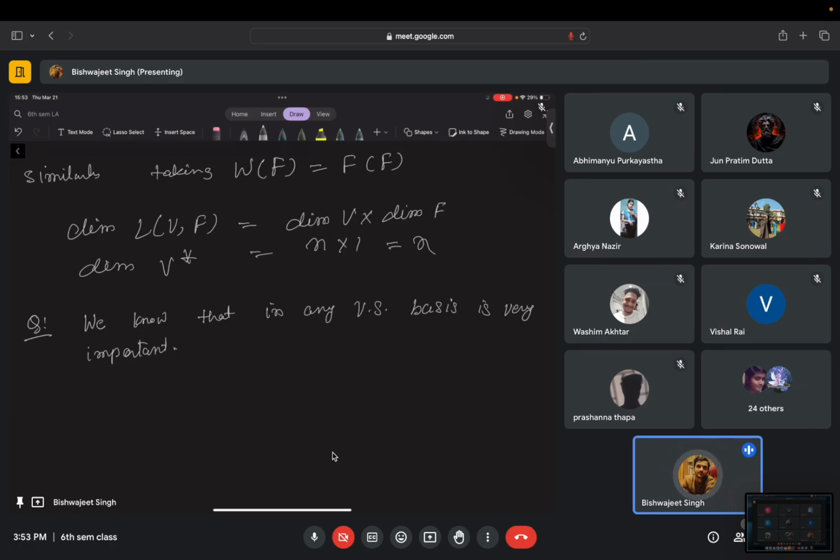So the question is that given a vector space V over F and its dual V star over F, and let us say we have a basis of V. We know what the basis of V is.